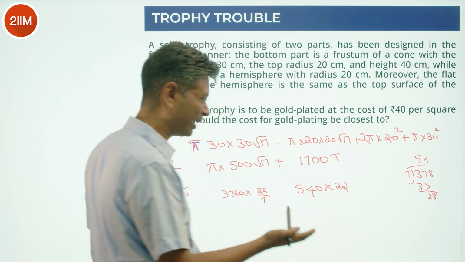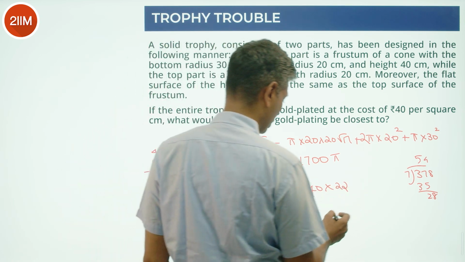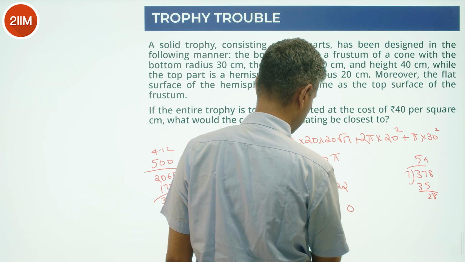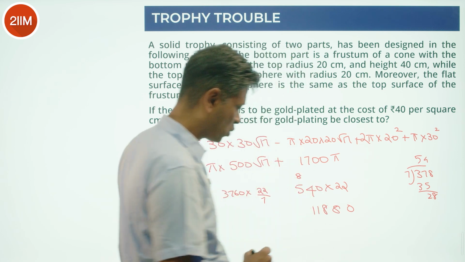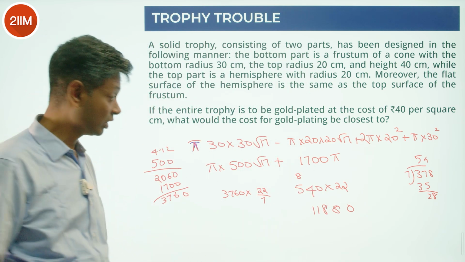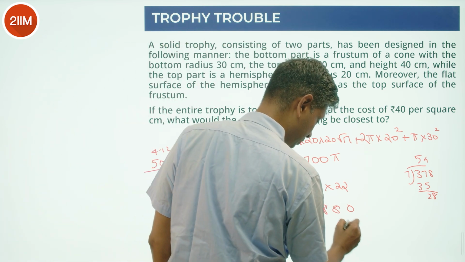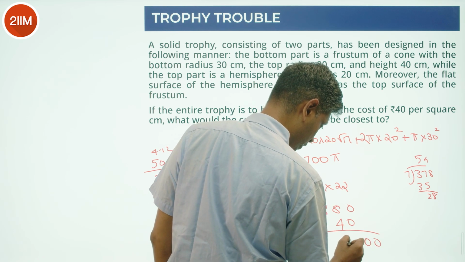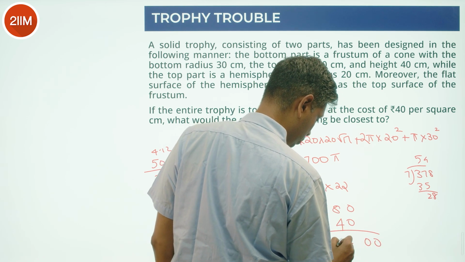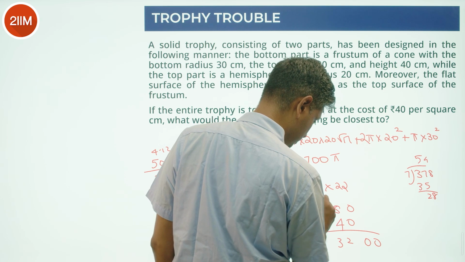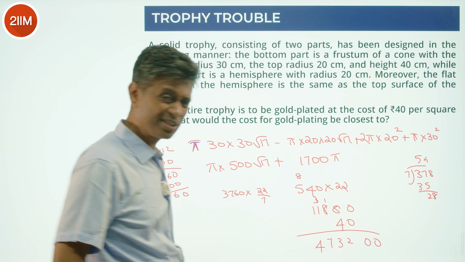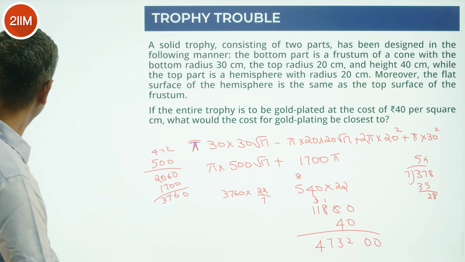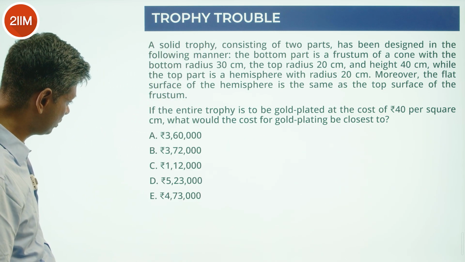I've overstated by a little bit, I'll worry about that later on. 22 fours are 88, 110 plus 8 is 118, 11880 into 40. My total amount is 473,000 approximately. I've overstated this. My answer should be a little less than this. Hopefully that's there in our choices.